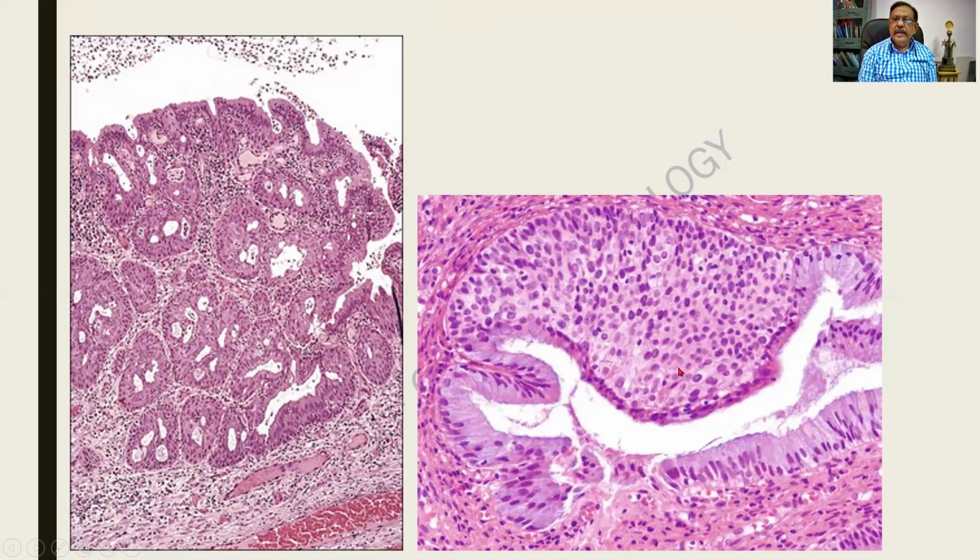The pale area in between is the cytoplasm. Generally, the cytoplasmic membrane is not well visible in a light microscopy. So the columnar epithelium is getting replaced by a squamous epithelium, an example of squamous metaplasia. And this is the stroma.